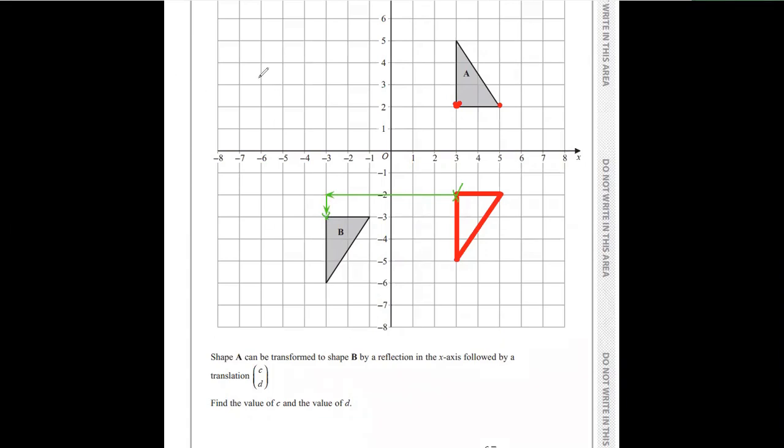How can we write this in vector form? As it's a movement in the negative x direction, we write -6. So the value of c is -6, and then it has moved down, not up, so that's why d is -1.